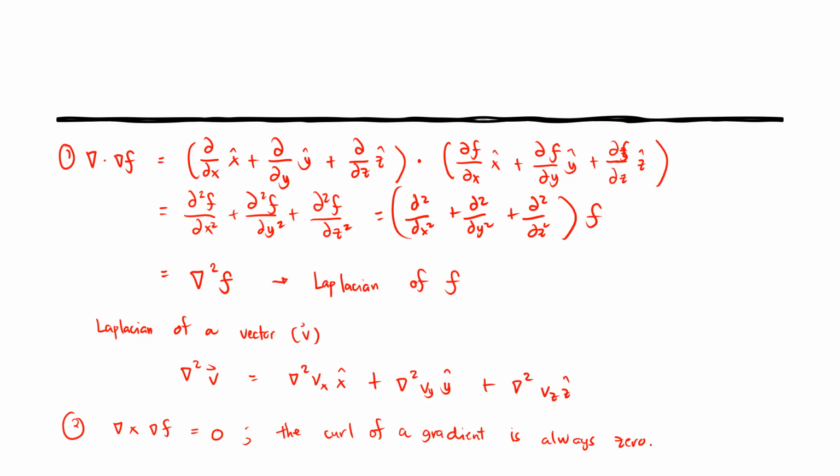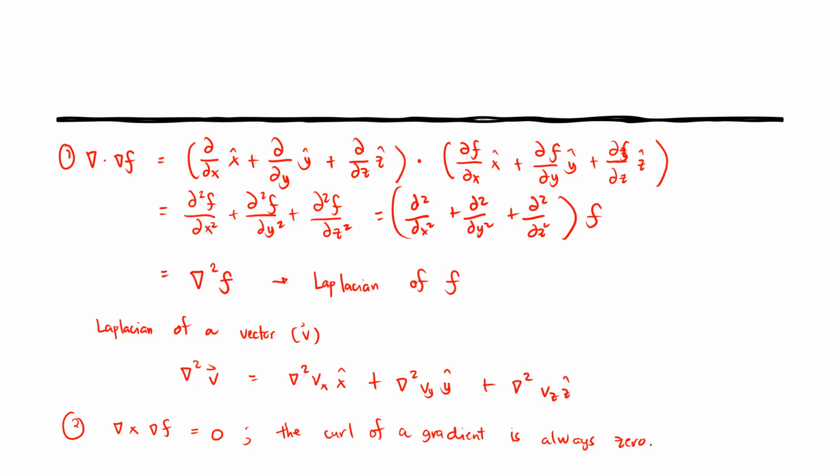So you have here the second partial derivative with respect to x squared plus the second partial derivative with respect to y squared plus the second partial derivative with respect to z squared, operating on f. So we have del squared f, and we call this the Laplacian of the scalar function f.